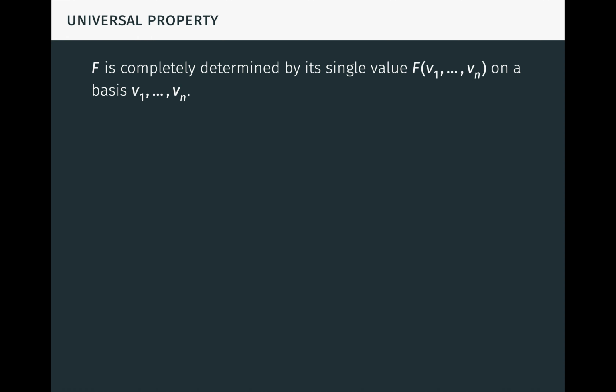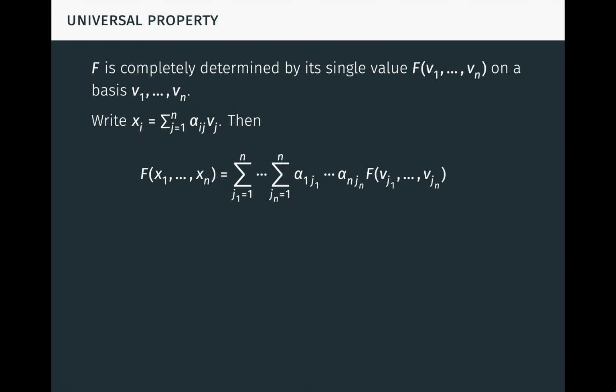To see why the universal property holds, we first observe that F is completely determined by its single value on a basis. That is, once we know the single value that F assigns to any basis, we know everything there is to know about F. Express arbitrary vectors xi in terms of the basis vectors vj using coordinates alpha ij as seen here. Plugging these vectors into F and expanding using multilinearity of F, we obtain this complicated-looking nested summation.